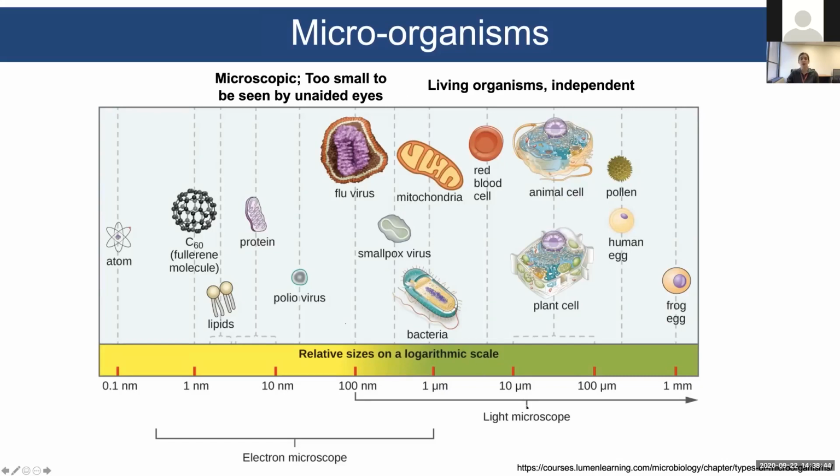So mainly in this talk I'll refer to and use bacteria as an example, which you can see at this 1 micrometer size range here. Compare that with the size of red blood cells, which are a little bit bigger, and bigger still are the plant and animal cells.